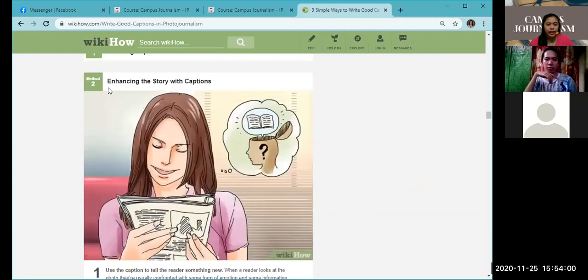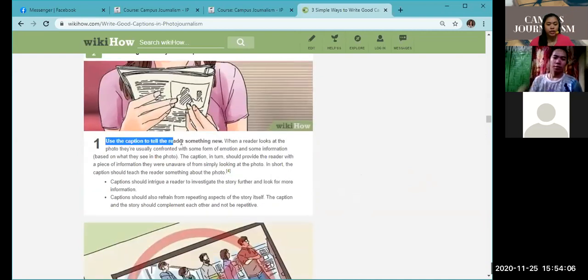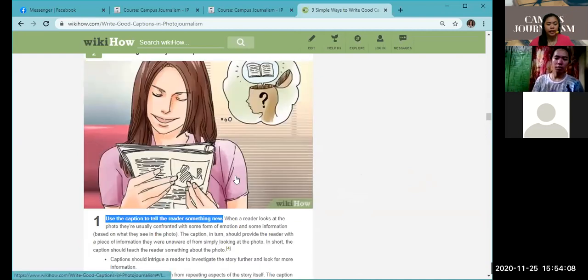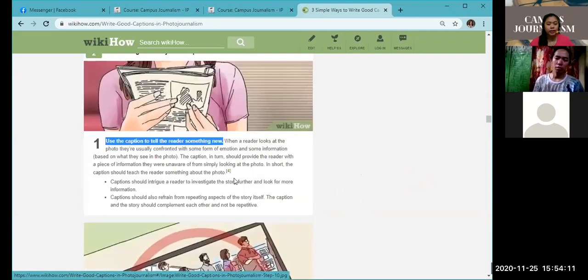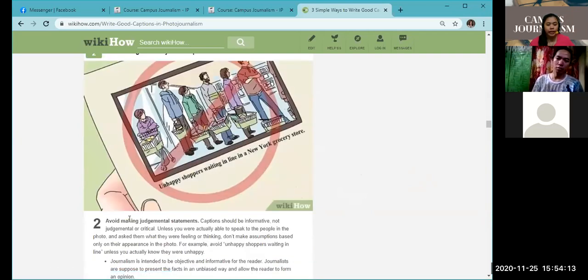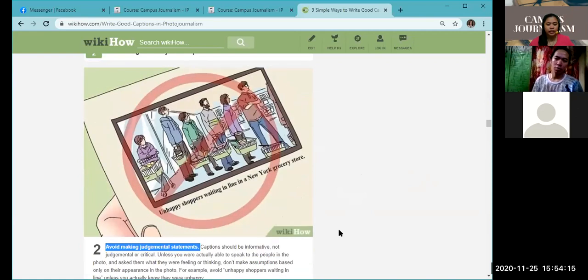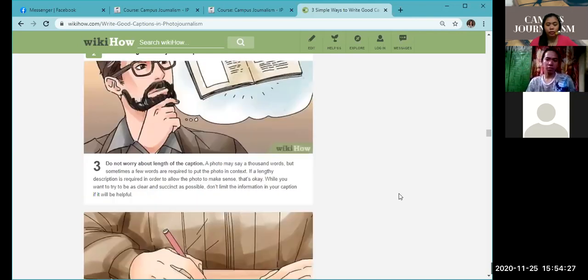And then in enhancing the story with caption, caption helps enhance the story of your article. So use caption to tell readers something new, something that they didn't read about in the article. And then avoid making judgmental sentiments like for example, unhappy shoppers waiting in line in a New York grocery store. So giving your judgment or biases in your photograph, especially in your caption, is very wrong.